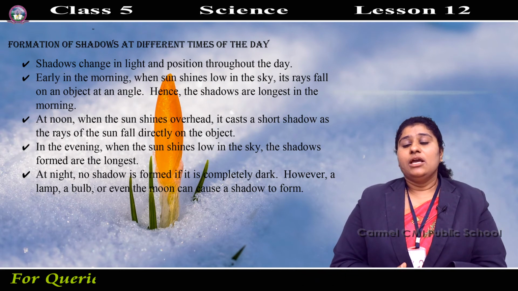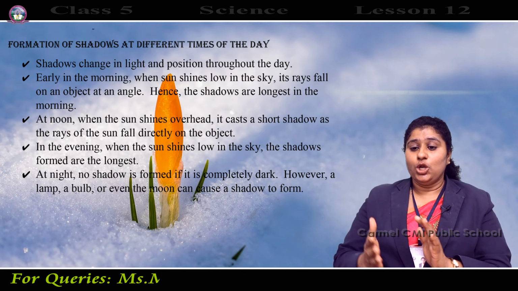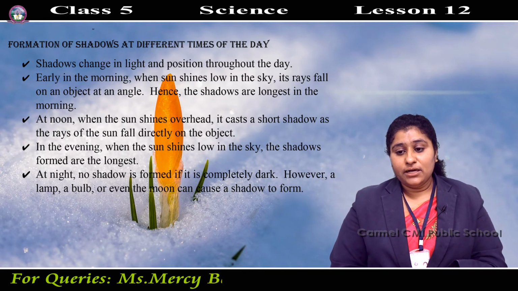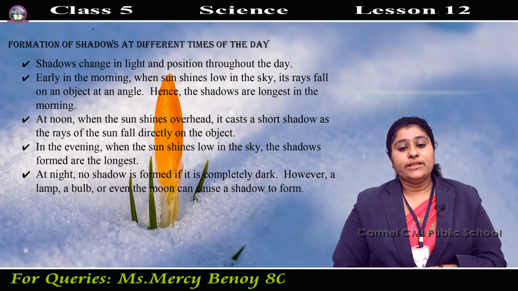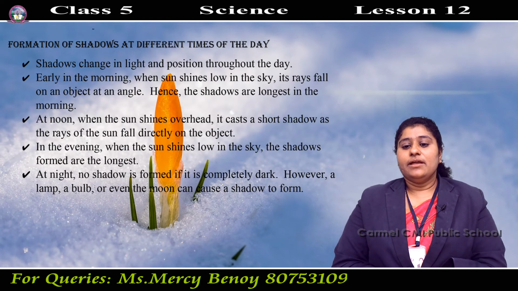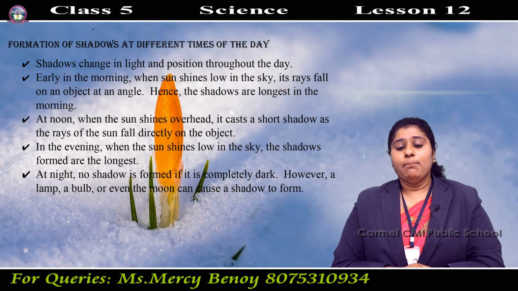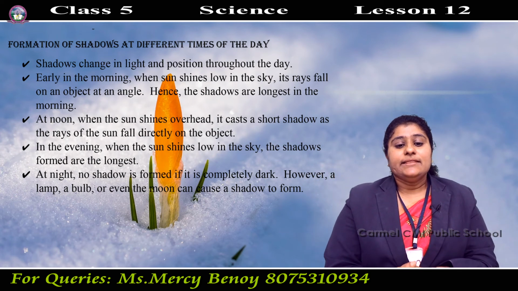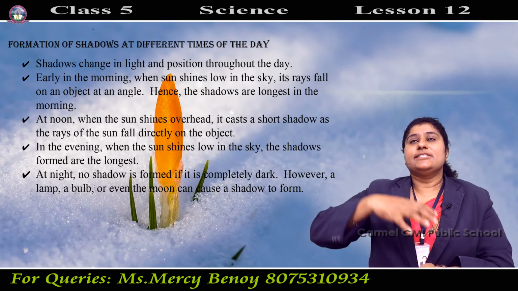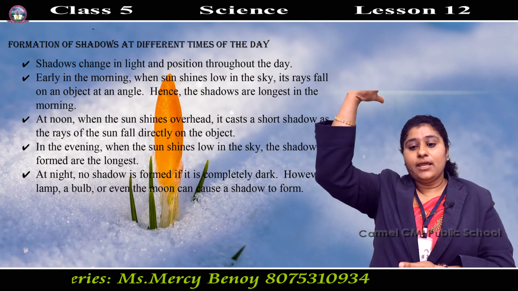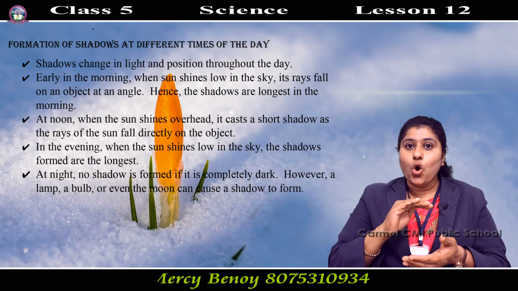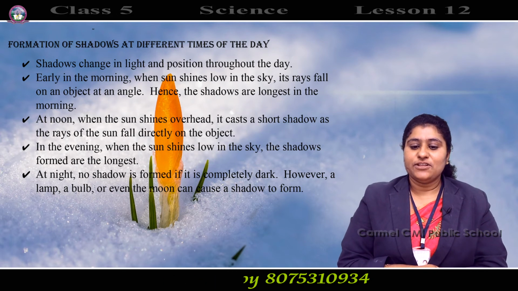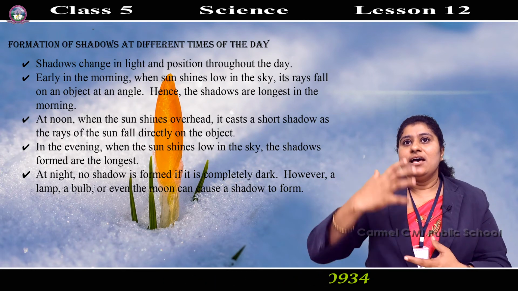Early in the morning, when the sun shines low in the sky, its rays fall on an object at an angle. Hence, the shadows are longest in the morning. The shadow is very long. Then at noon time, the sun shines overhead. So it casts a short shadow as the rays of the sun fall directly on the object.